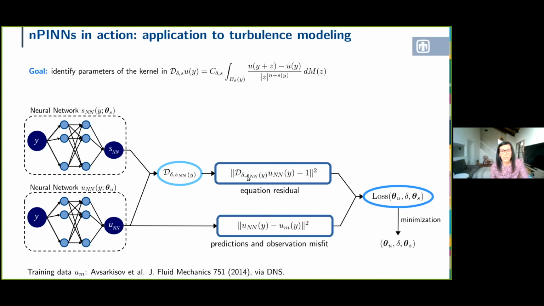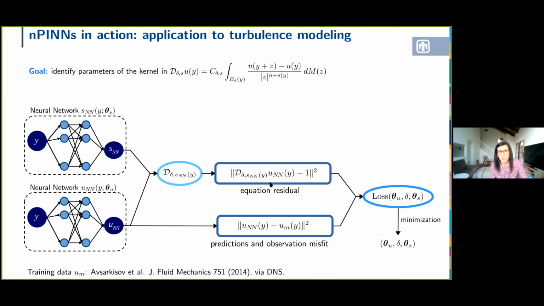One component is the equation residual, and I'm going to tell you what this equation represents in a second, and the other is the difference between the measurements that we have, because we assume to have high fidelity measurements, and the neural network, our solution. These terms contribute to a loss function. We are going to minimize the sum of these terms, and what we're going to get are the hyperparameters of the neural network for S and the hyperparameters for the neural network for U.